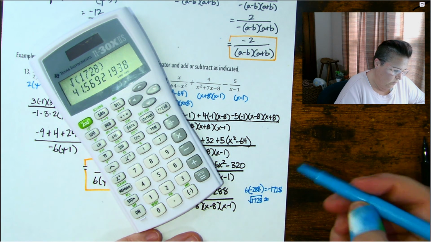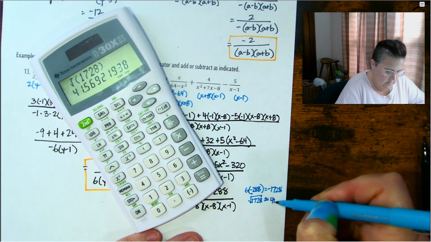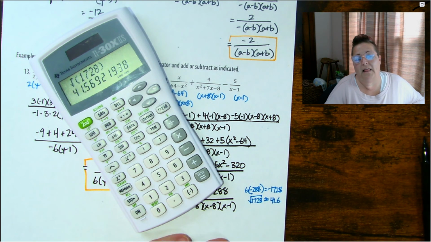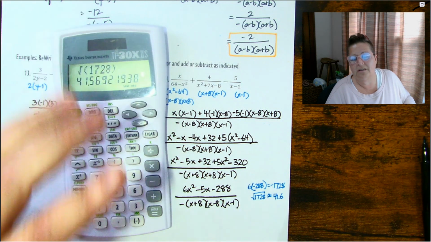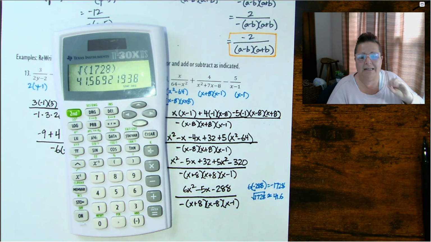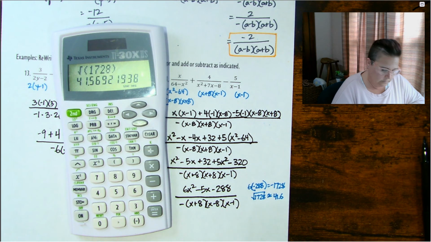I get about a 41.6. And I like knowing that number because if it was the square root, then the difference would be 0. I need a difference of 5, which means I need numbers close to like 42.